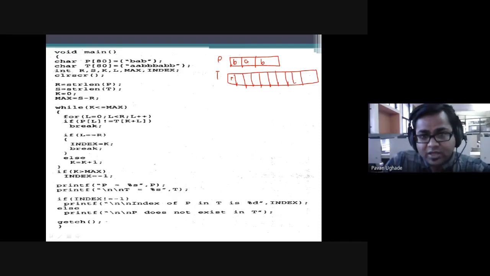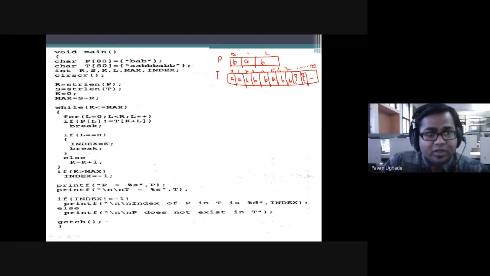It is A, triple B, then A and double B, A and double B. It's of size 80, so here it is a question mark, those are the garbage values. Fine. So I'll give the numbers 0, 1, 2. Here also I'll put the numbers 0, 1, 2, 3, 4, 5, 6, 7, and so on till 79.